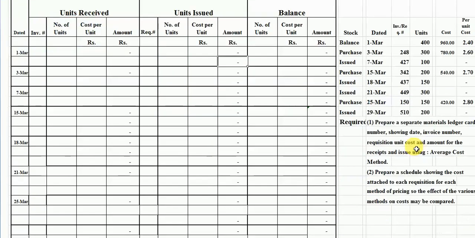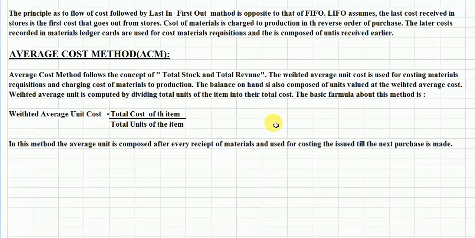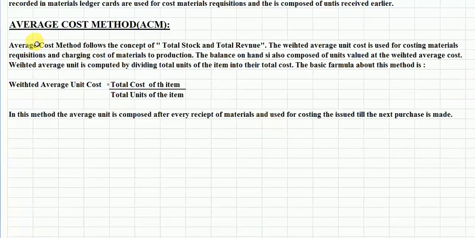Now, firstly, we have to introduce the moving average method in the introduction slide. Average cost method, abbreviation ACM, follows the concept of total stock and total revenue here.